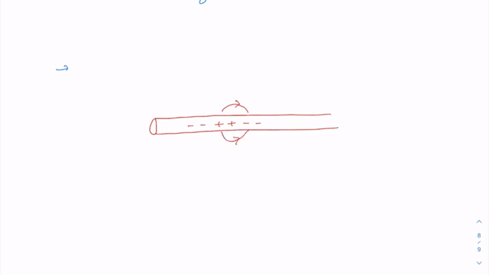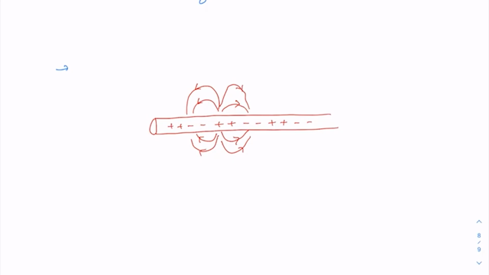These lines will go from positive charge to negative charge, like this. I hope you are getting the idea here.